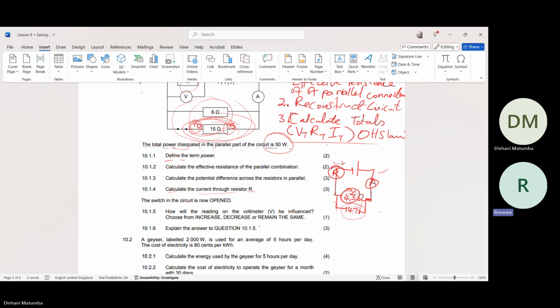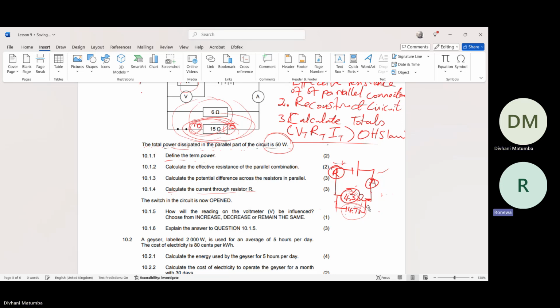Please repeat that, sorry. Because from Ohm's law, you have three parameters, right? Yes, your resistance, your voltage, and your current. Here we have 14.7 volts across a 4.3 ohm resistor. We have two parameters already, R which is 4.3 and V which is 14.7, and we calculate the current flowing through the 4.3 ohm.